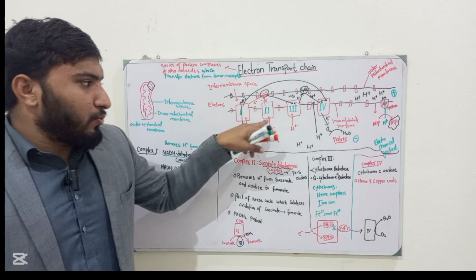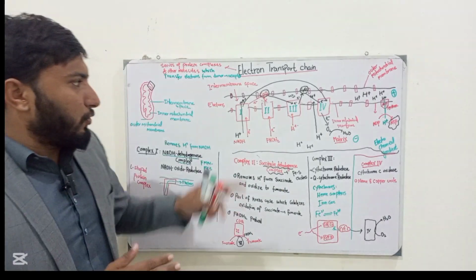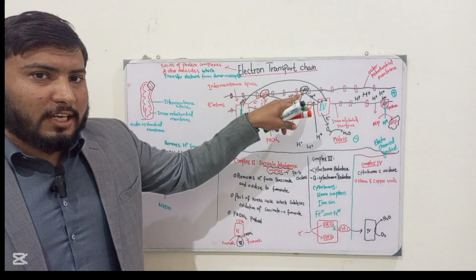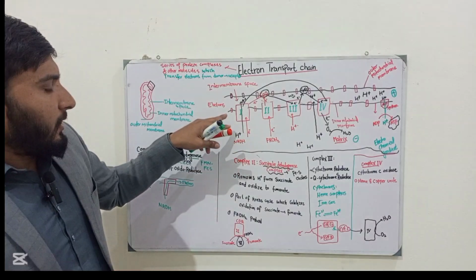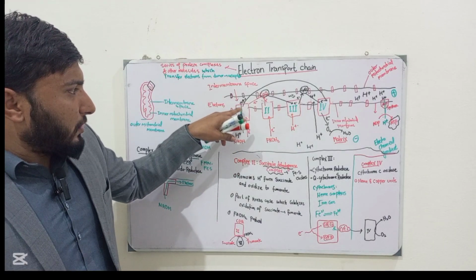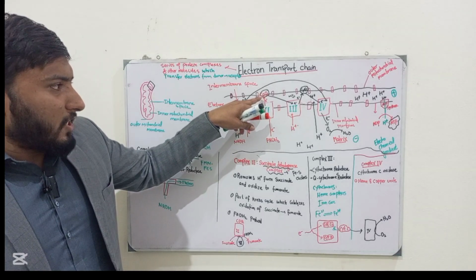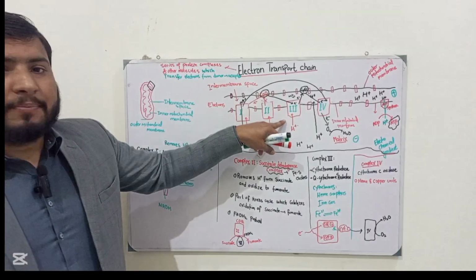Complex 1, complex 2, complex 3 and complex 4, and two other prosthetic groups, coenzyme Q and cytochrome C, are also present in the electron transport chain. Then complex 1 and complex 2 transfer electrons to coenzyme Q. Coenzyme Q transfers these electrons to complex 3.